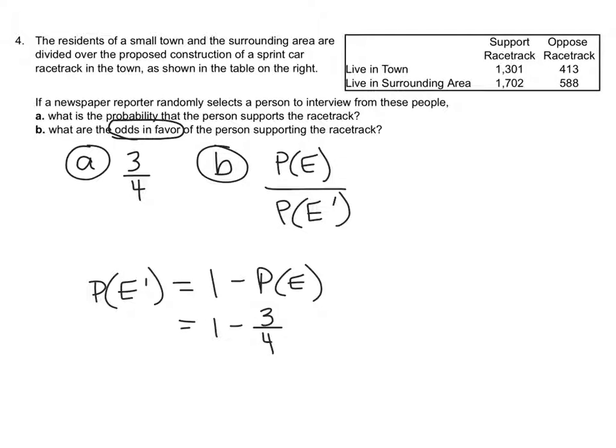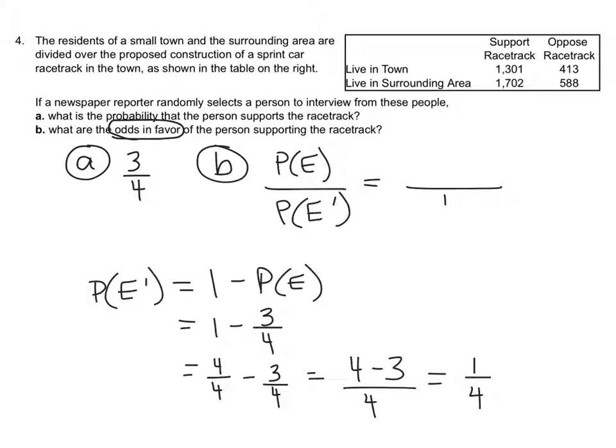And again, the number 1 can be written as 4/4. So you just take the denominator of the second fraction and then place it over itself. And then 4/4 minus 3/4 is 4 minus 3 over 4, which is 1/4. And again, this is the probability of the complement.